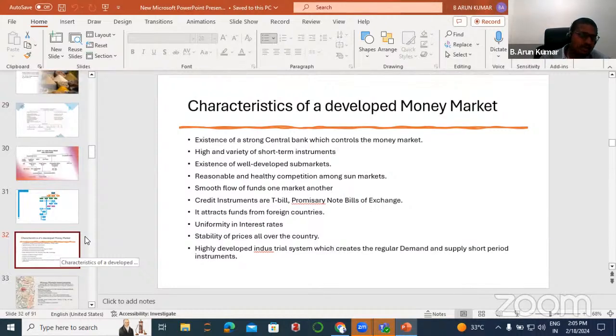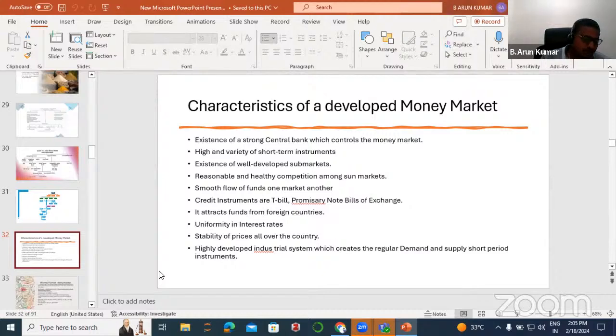That is expected rate of interest and marginal efficiency, political stability, government policy, economic climate, exchange rate stability, business conditions, credit rating of the country, and innovative financial products. On page number 101, they have given these factors.